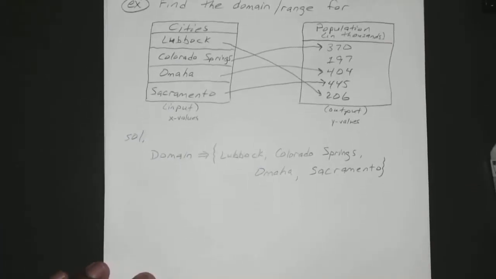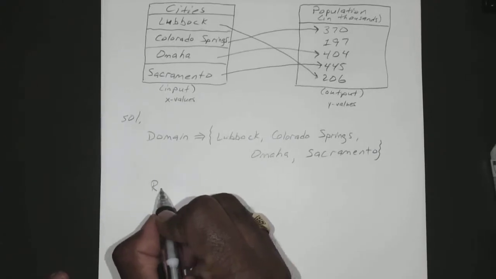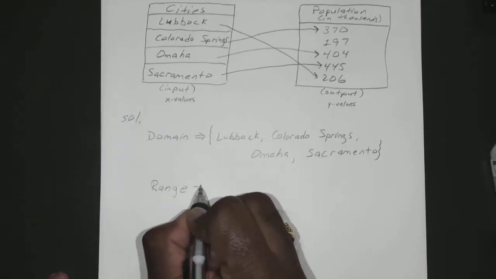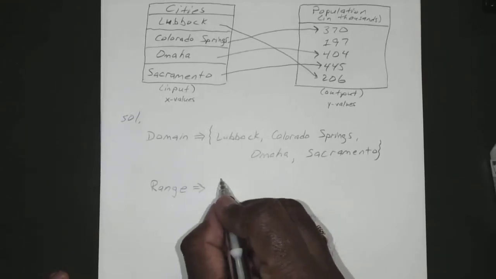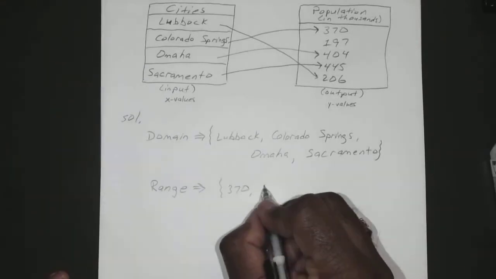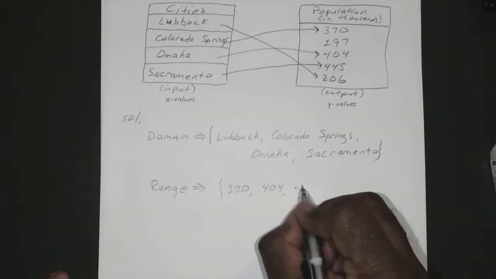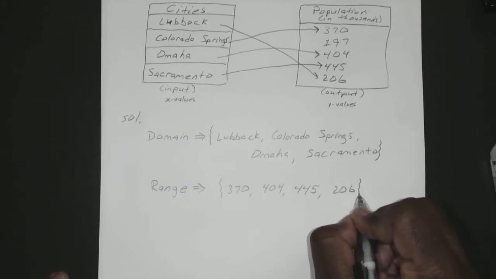Close that up. And your range is all possible y values, or all possible outputs. So you have 370. You have 404, you have 445, and you have 206.